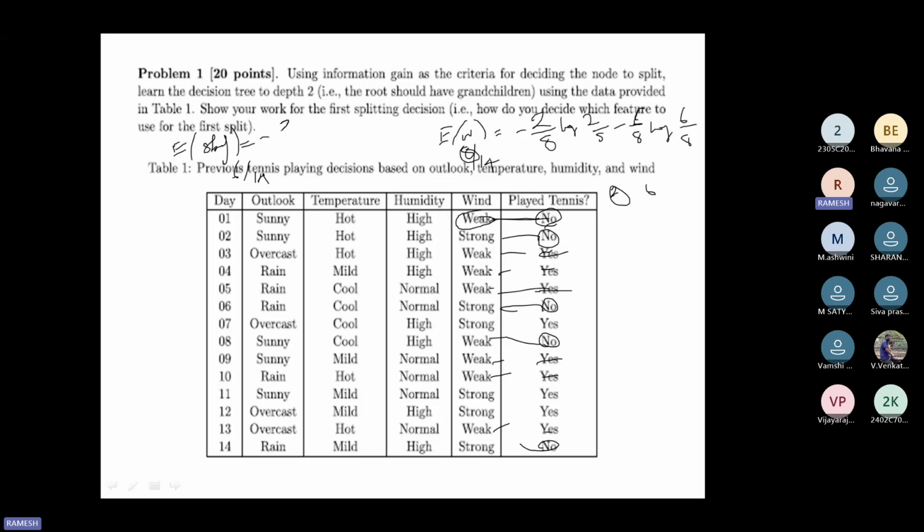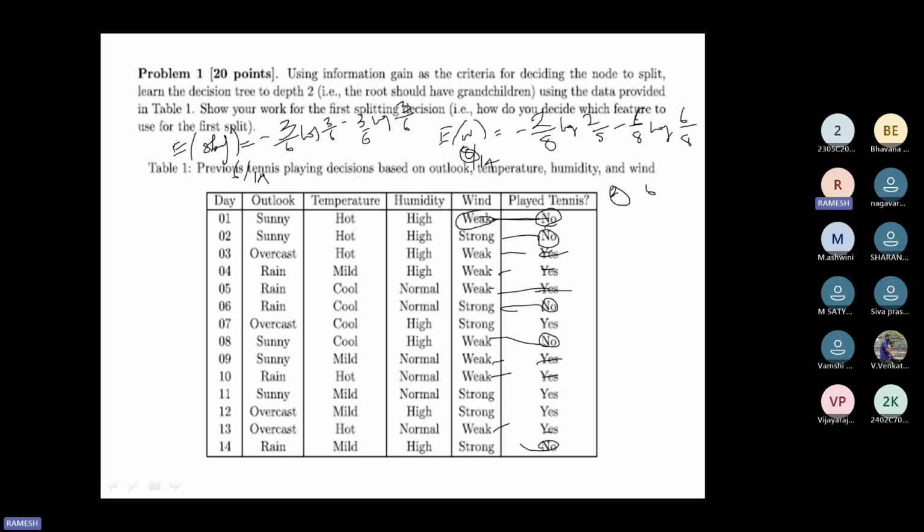Now 3 no's out of 6: log of 3 by 6, minus, if 3 are no, then 3 will be yes. This is the entropy of strong, and we have also calculated the entropy of weak.